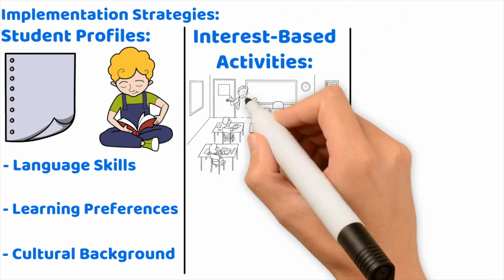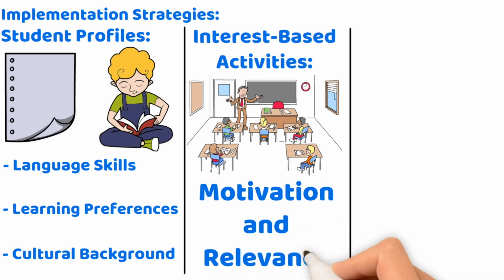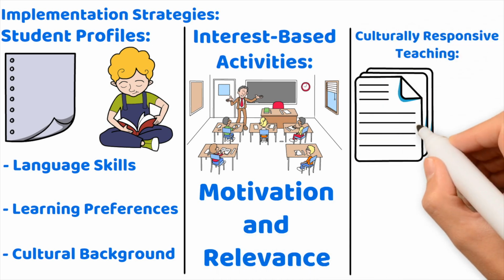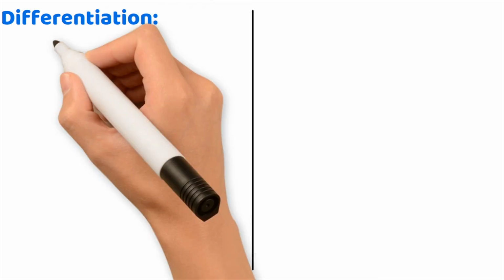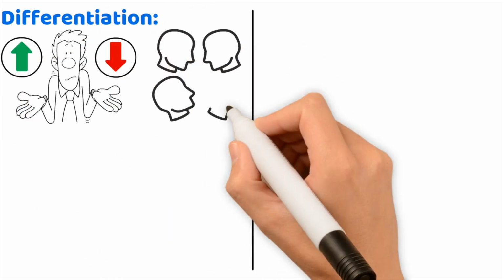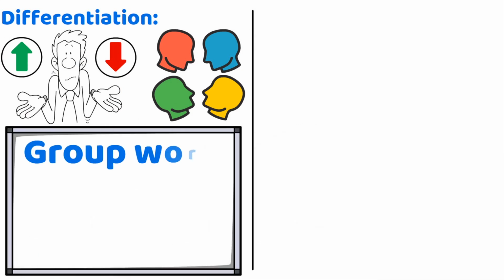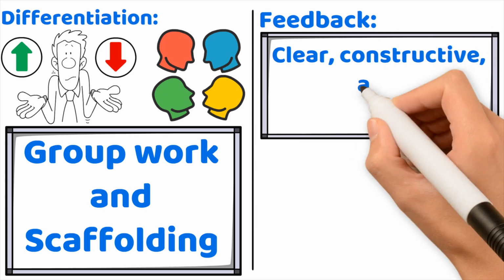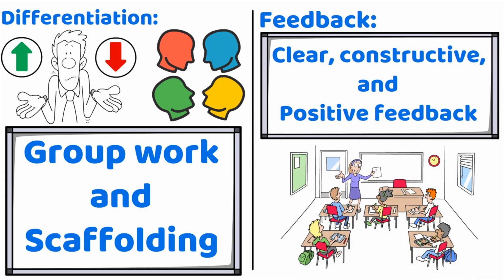Engage students by incorporating their interests into language tasks, enhancing motivation and relevance. Culturally responsive teaching. Integrate diverse cultural content into lessons to make learning more relevant and inclusive. Differentiation. Adjust lessons and assessments to accommodate different language levels and learning needs, using strategies like group work and scaffolding. Feedback. Provide clear, constructive, and positive feedback, encouraging self-assessment to help students recognize their progress.